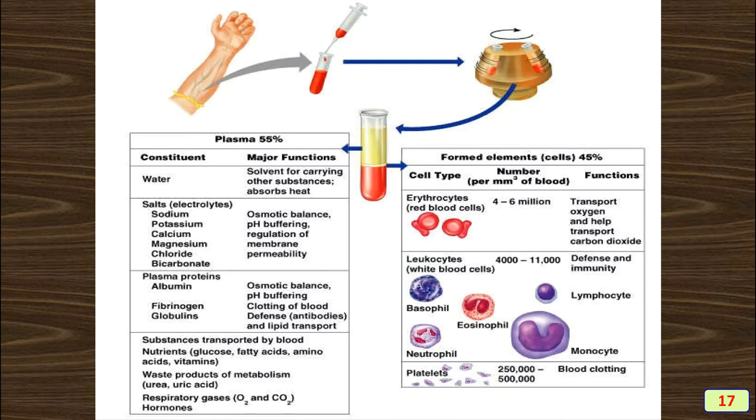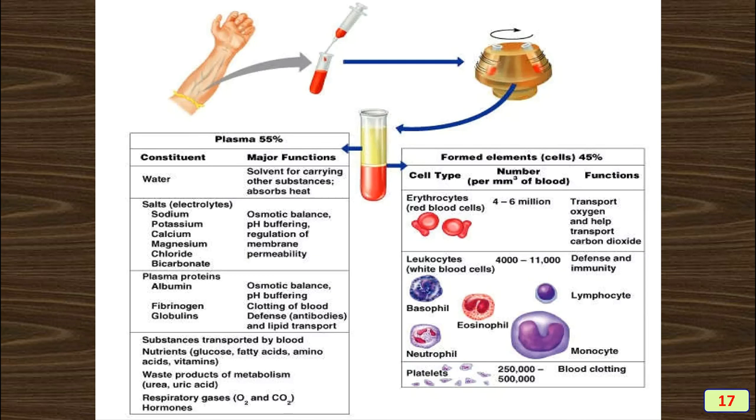And here you can see the formed elements, the cellular elements, which are about 45%. The erythrocytes are the highest, 4 to 6 million, and they transport oxygen and help transport carbon dioxide. Whereas the leukocytes are also known as the white blood cells.